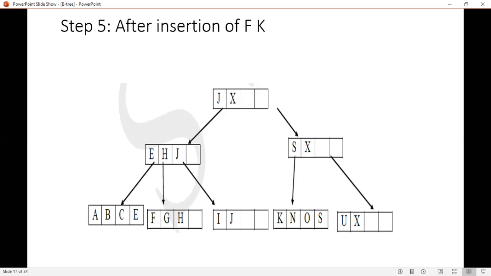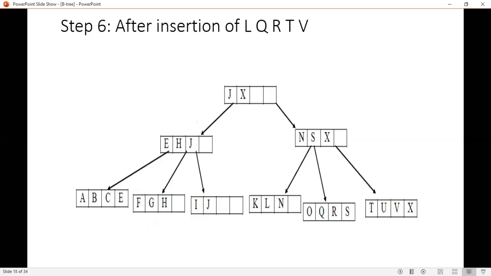You are splitting the root node after insertion of F, that is E, H, J, and S, X, that is the root node you have split, and again you have formed one more root for this, that is J, X. Okay, this is after the insertion of F, K. Next, after insertion of the last few letters, that is L, Q, R, T, V, you will get this resulting tree.